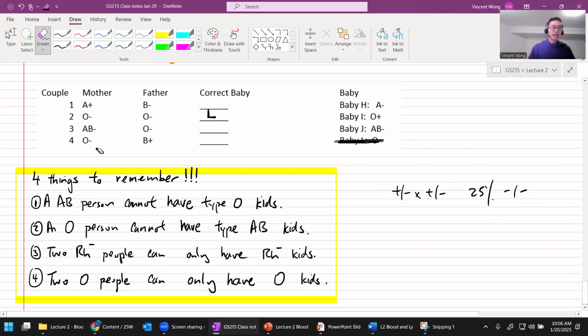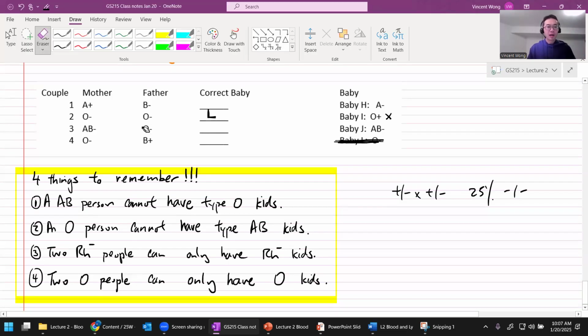All right, let's take a look at the next couple. Listen carefully. The mother is AB. That means she cannot have a type O baby. So this is not theirs. Doesn't matter the father is type O. If the mother is AB, she cannot have a type O child.